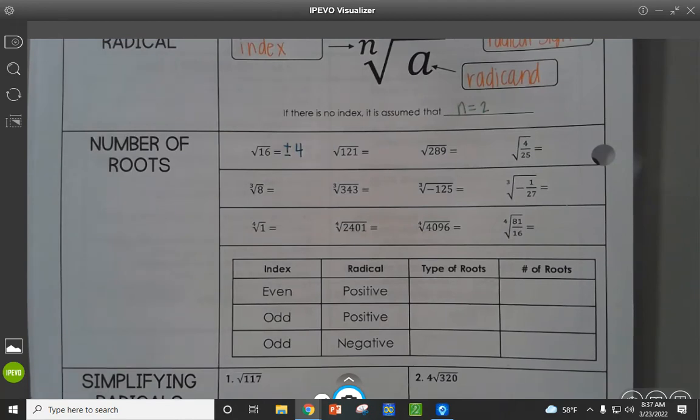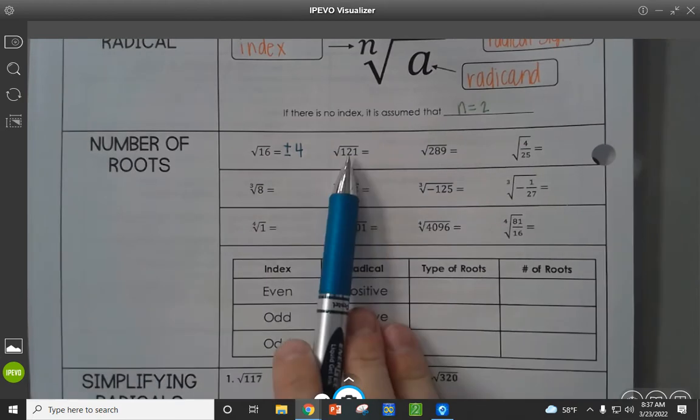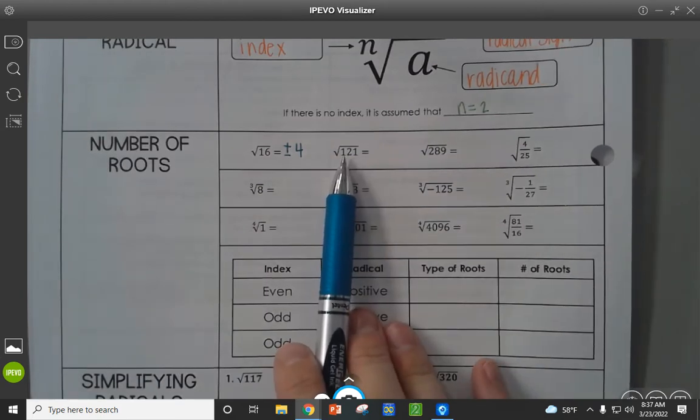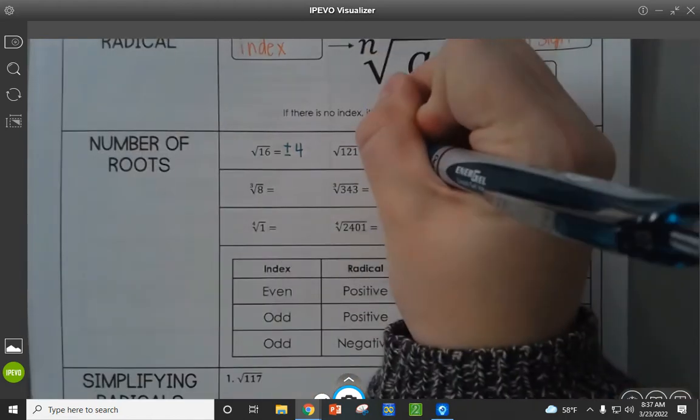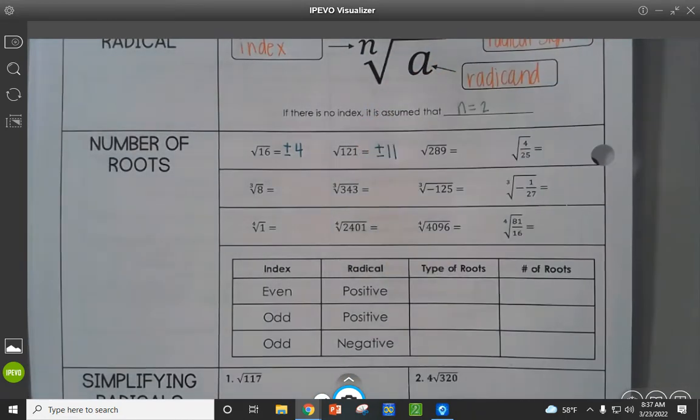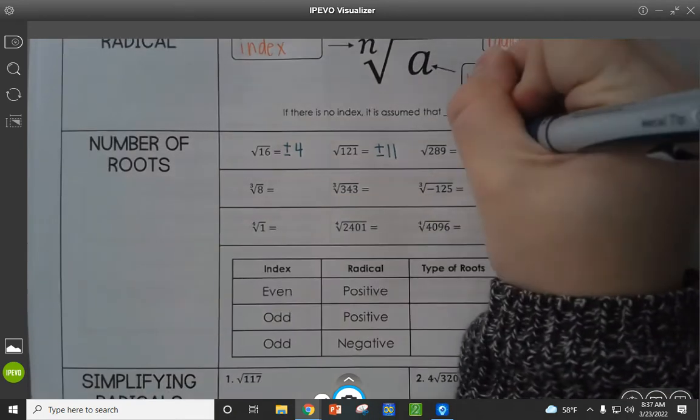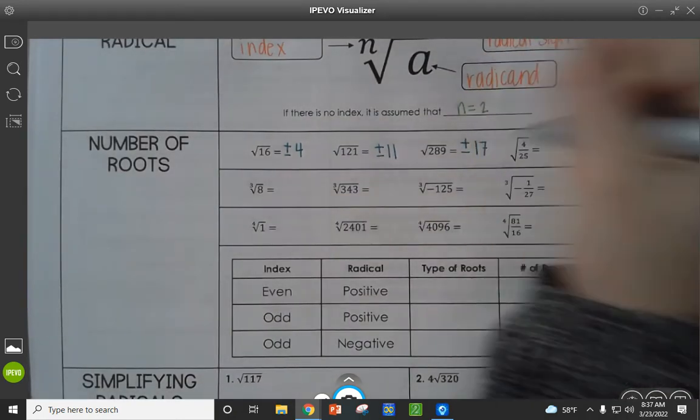If I do negative 4 squared, I still get positive 16, if you put the parentheses around it. So what is the square root of 121? Plus or minus 11. What about the square root of 289? Plus or minus 17.